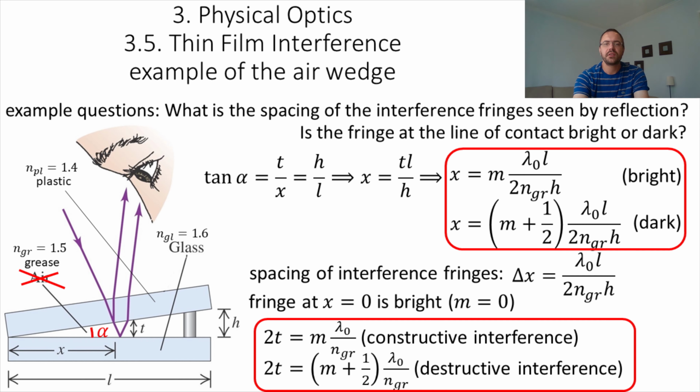You see that the fringe at x equals 0 will be obtained for m equals 0 for a bright fringe. So the fringe at the line of contact is going to be bright. Right? This is different from the previous example, and this is because of the difference in phase shift at point A.